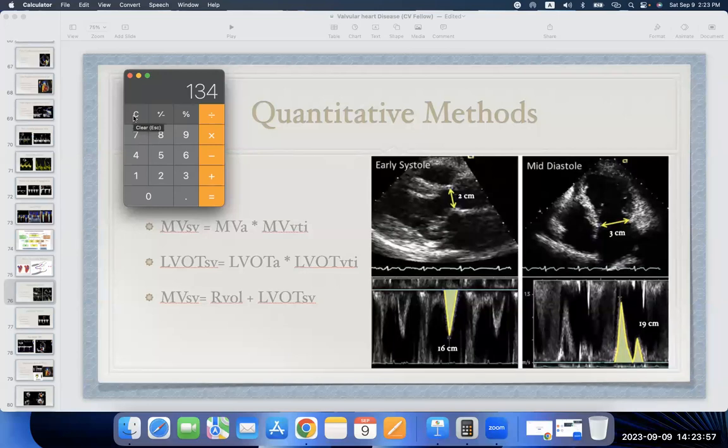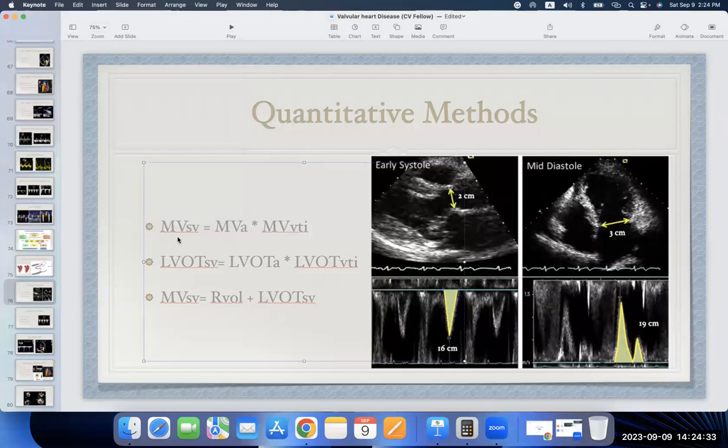We take 84, the regurgitant volume, divided by the mitral volume, the number we got when we calculated the volume across the mitral annulus, which is 134. You get 62. So this is the regurgitant fraction, 62. We consider the patient to have severe mitral regurgitation if the regurgitant volume is 60 or more, or the regurgitant fraction is 50 or more. So this patient matches this criteria.